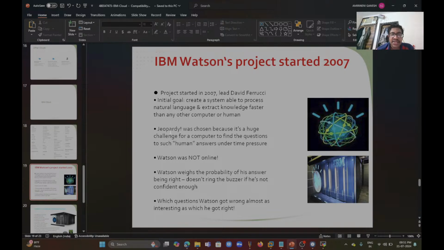This challenge was chosen because it is a huge challenge for a computer to find the question to a human answer under time pressure. Watson does not ring the buzzer if he is not confident enough that his answer is right. Which questions did Watson get wrong? Almost as interesting as the ones it got right.